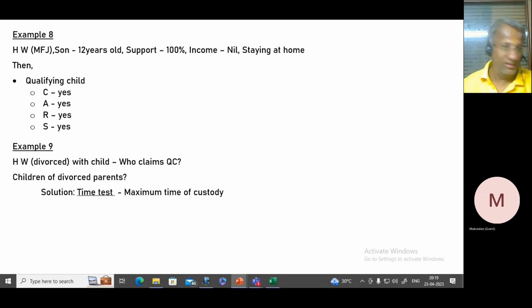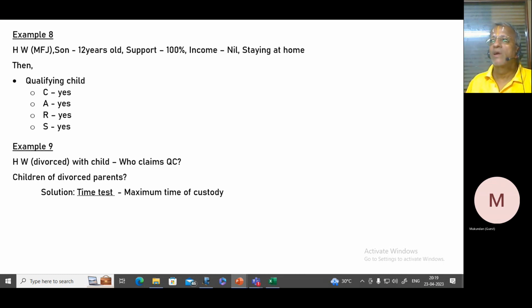Nice question. Then test number two is whosoever amongst the parents their income is greater, that is AGI is greater, then that parent will claim. So please understand always, firstly, the test is time test.